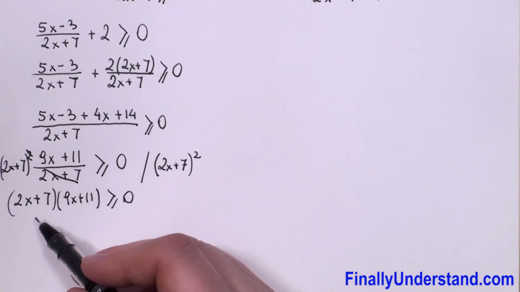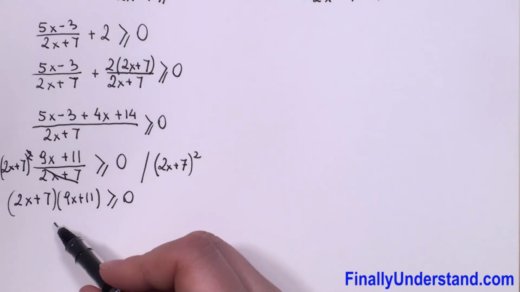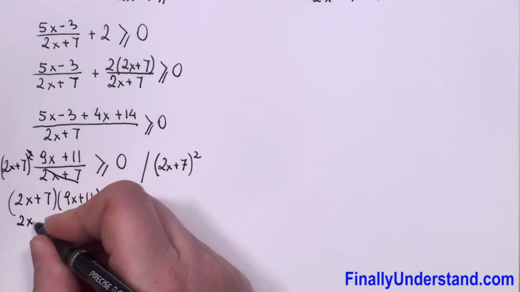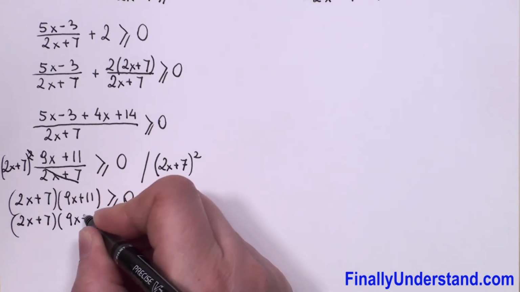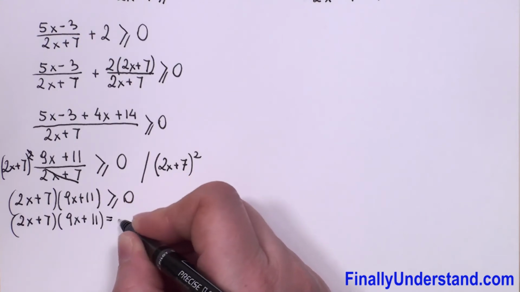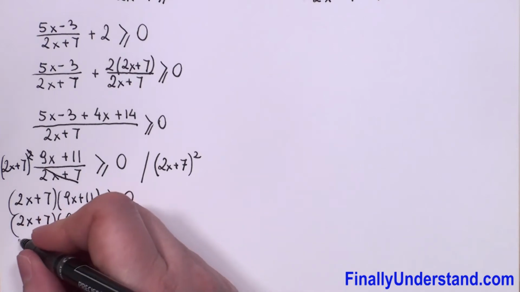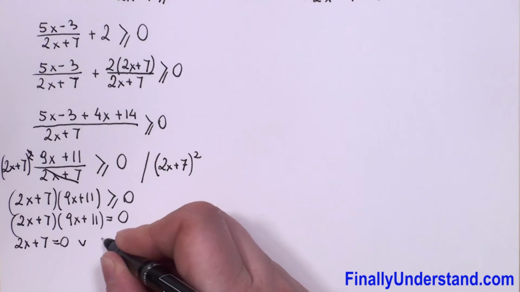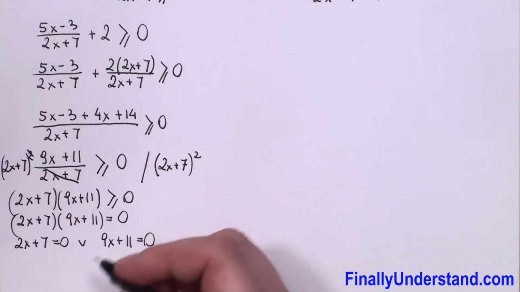So we have a quadratic inequality. To solve a quadratic inequality, first we have to find the roots. So we have to solve the equation 2x plus 7 times 9x plus 11 is equal to 0. When will this left side be 0? When 2x plus 7 is 0 or 9x plus 11 is 0.